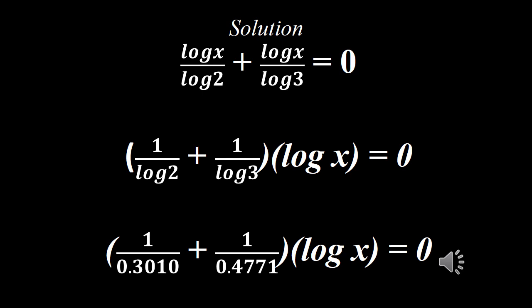So if you factor out log x, we have 1 over log 2 plus 1 over log 3, multiplied by log x equals 0. Then if you check, log 2 is 0.3010 and log 3 is 0.4771, then multiplied by log x equals 0.